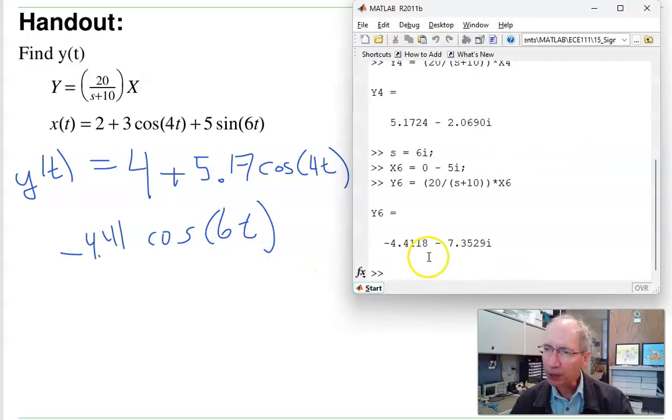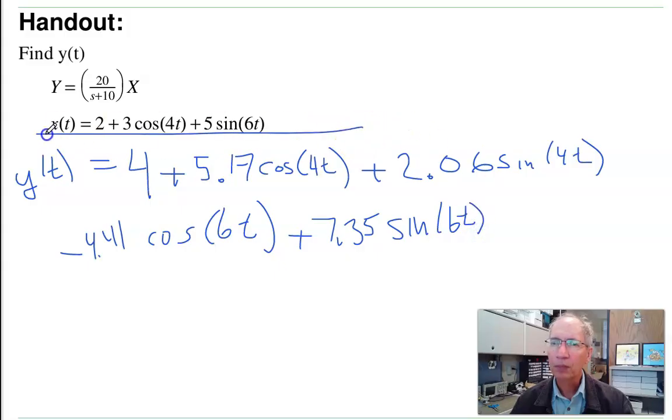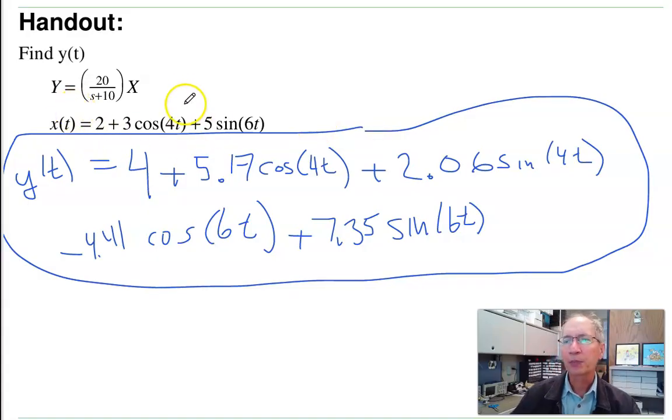And the complex part, 7.35 plus 7.35 sine of 6t. That's superposition. If I have 3 separate frequencies, treat those as 3 separate problems.